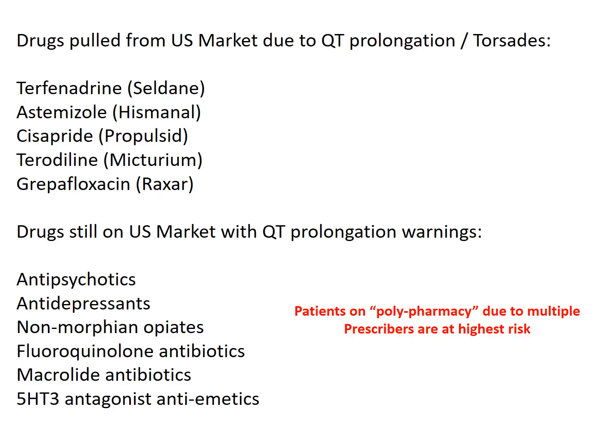A lot of you are probably aware of the new warnings that have been put out by the FDA regarding QT interval prolongation due to azithromycin, and some antiemetic drugs as well. Some of our antiemetic drugs may also have QTc prolongation warnings on them.